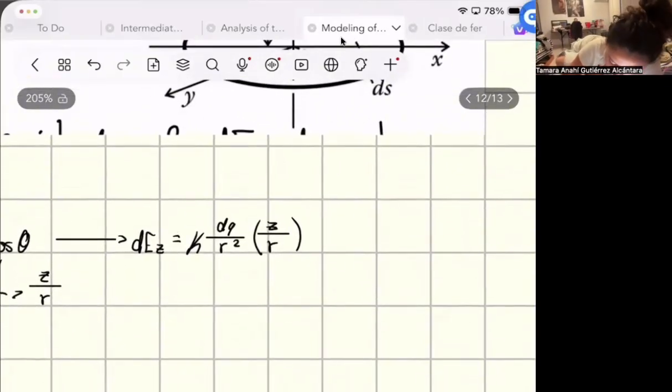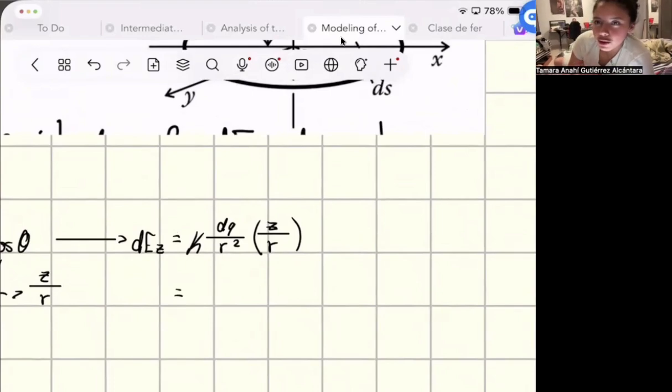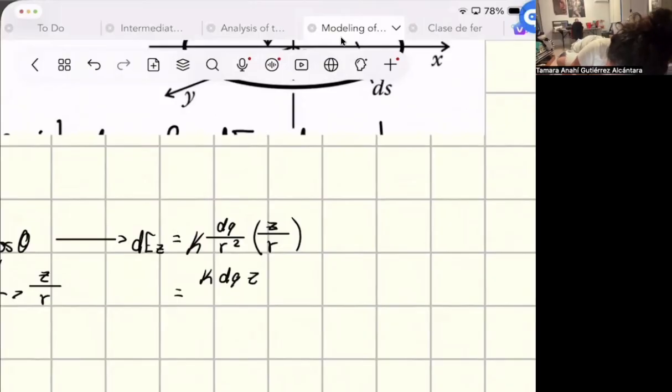And if we make the multiplication, it is k dq z over (z squared plus R squared) to the 3 over 2.